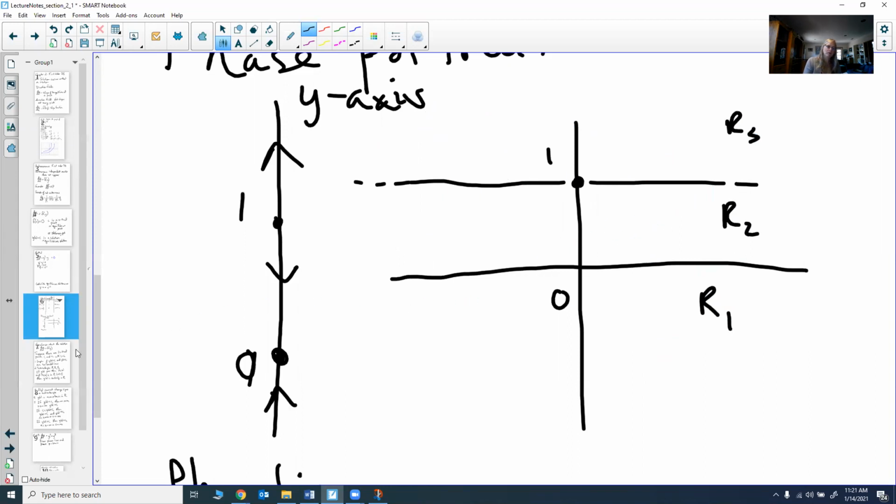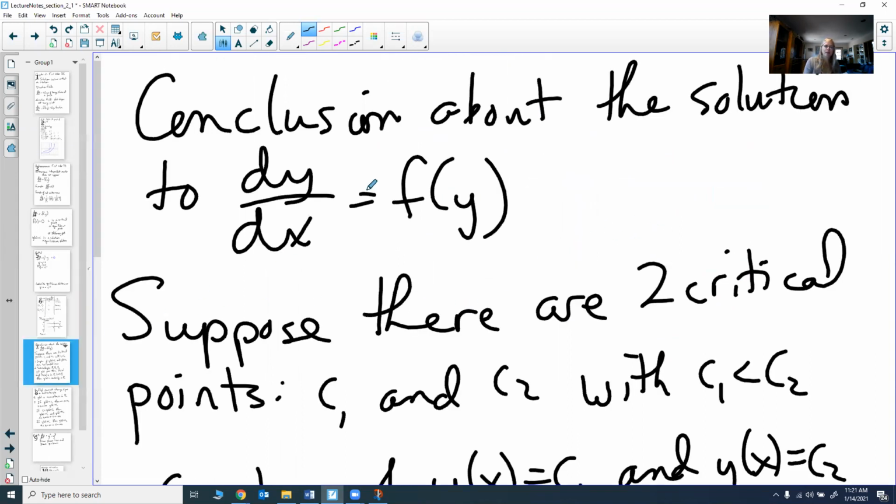So we have some properties we're getting here. These are conclusions about the situation of these autonomous functions. We're going to suppose, just for ease, that there are only 2 critical points, but you can have multiple critical points. We're also going to suppose that C1 is less than C2, for convention's sake.